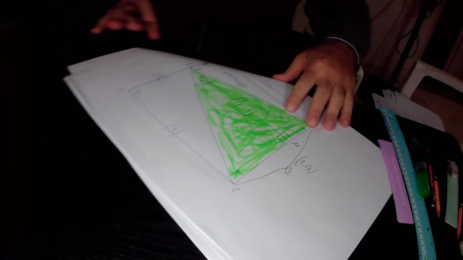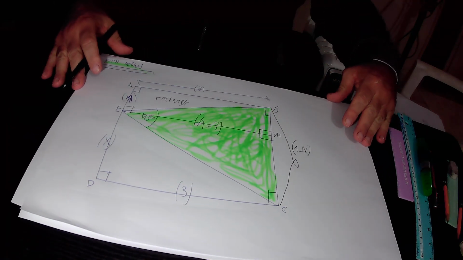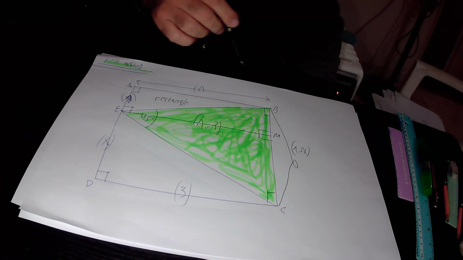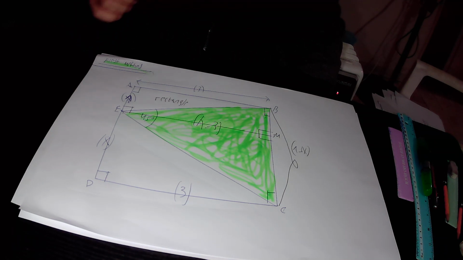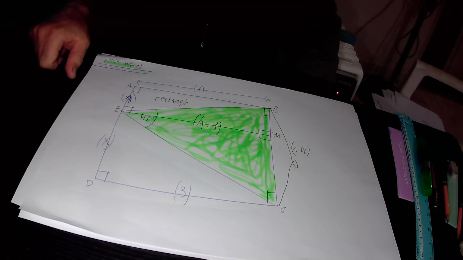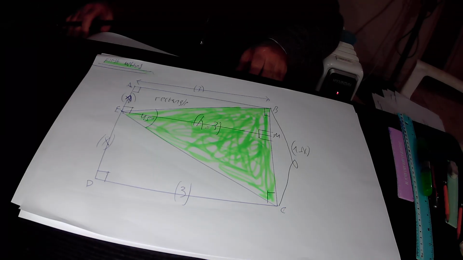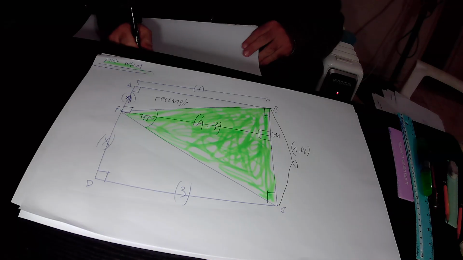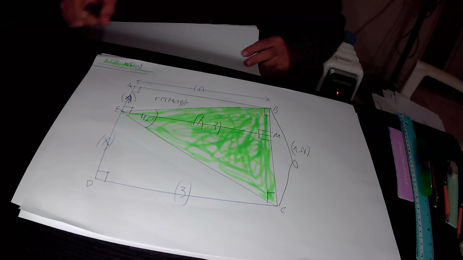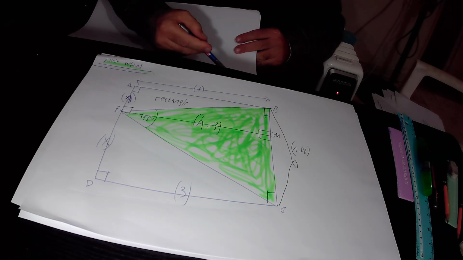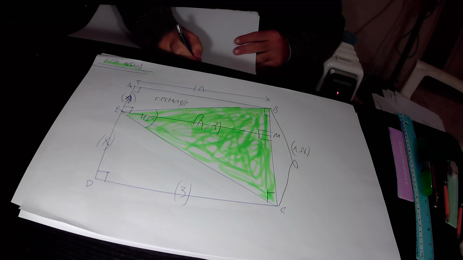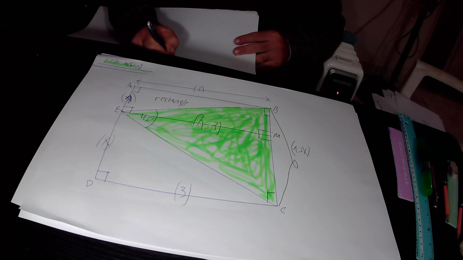In the next step, we will implement the Pythagoras theorem on this right upper triangle, triangle ABE. According to the Pythagoras theorem, in any right triangle, the square of the hypotenuse equals the sum of the squares of the perpendiculars. Here PT is an abbreviation for Pythagoras theorem.